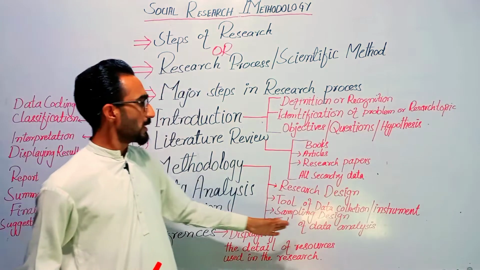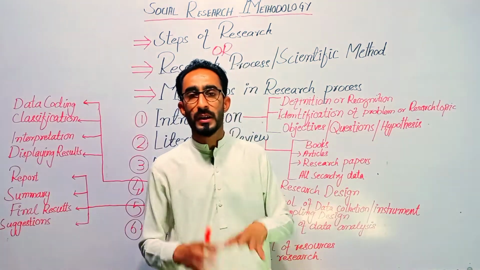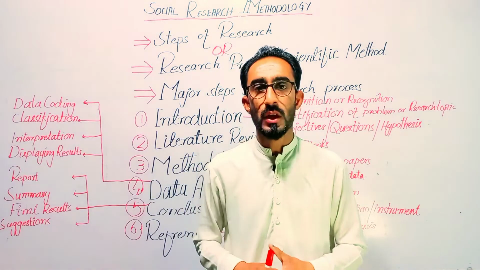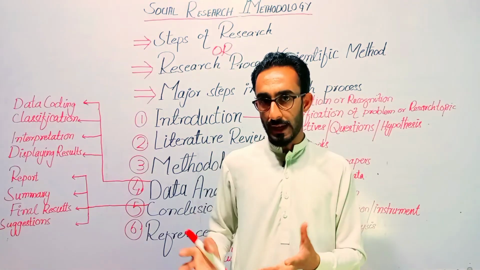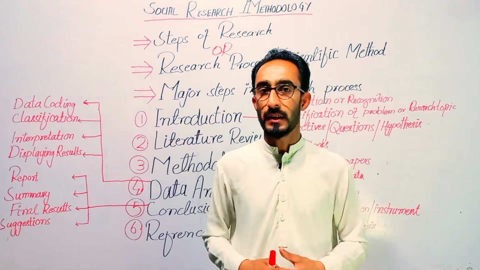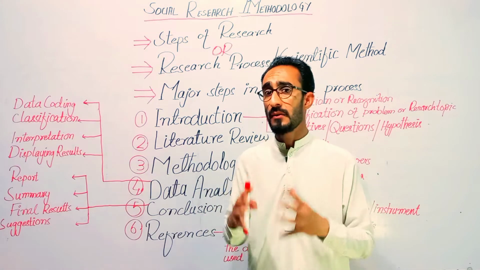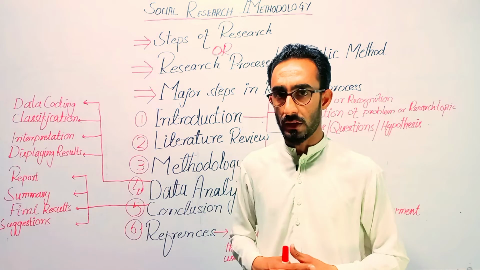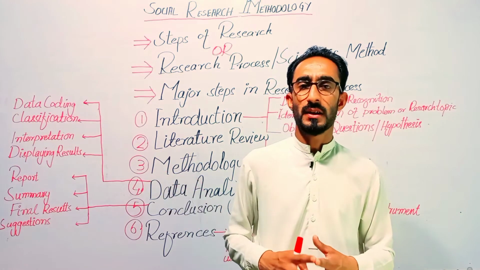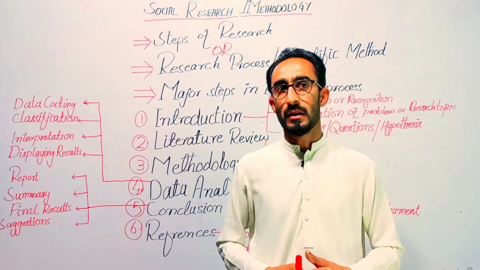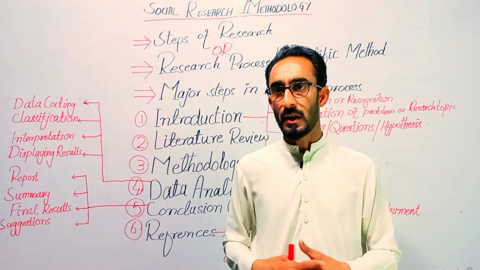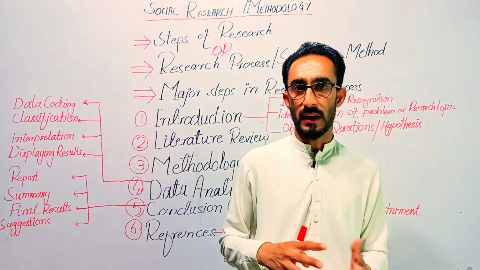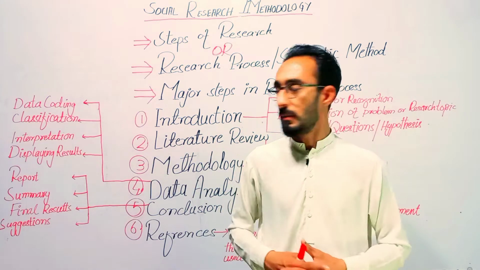The fourth one is the tool of data analysis. What kind of tool will we use to analyze or interpret the data? In social sciences we have SPSS, EViews, and many other software with which we can describe or display our data and then analyze it to its simplest form.